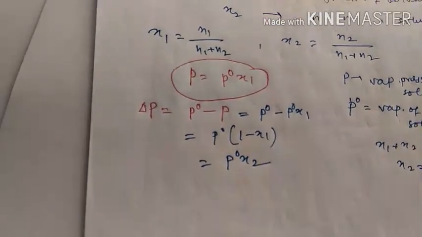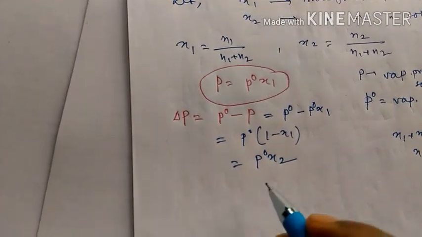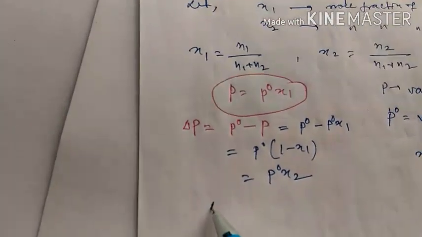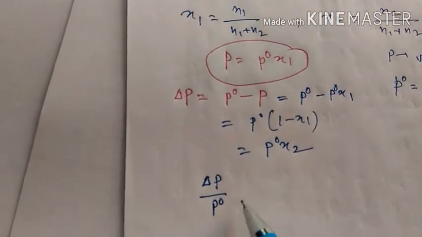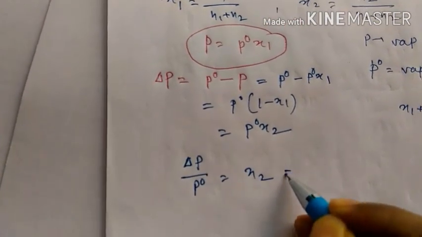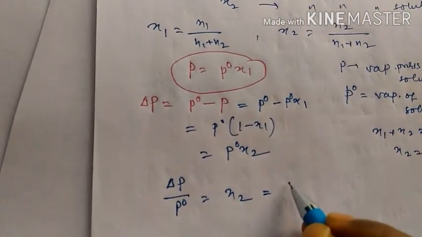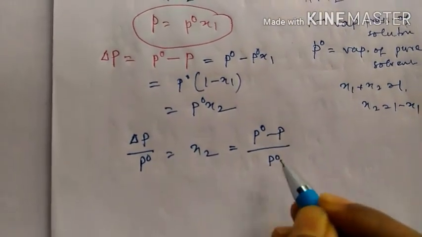So this is the main theoretical aspect. From the above equation you can write delta P by P0 equals x2, and so delta P by P0 is P0 minus P by P0.